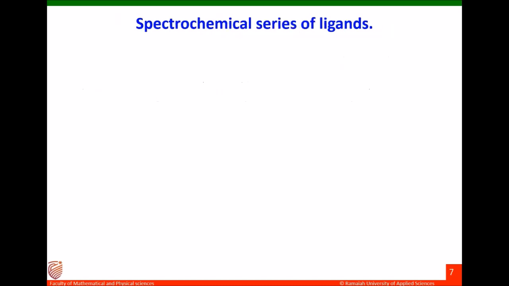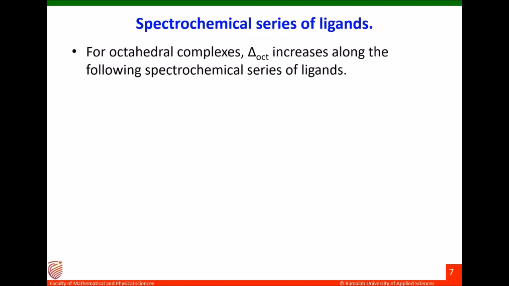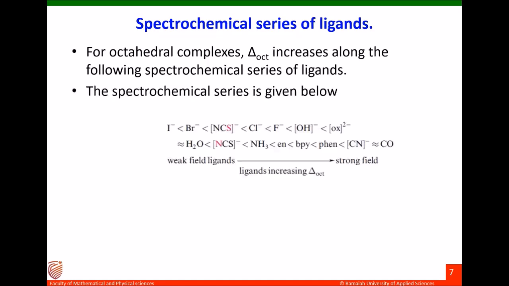For octahedral complexes, delta octahedral increases along the following spectrochemical series of ligands. You can see that in the series, the position of iodide is the least, and the delta octahedral value increases to bromide, to NCS, to chloride, to fluoride, to OH minus, and towards cyanide.